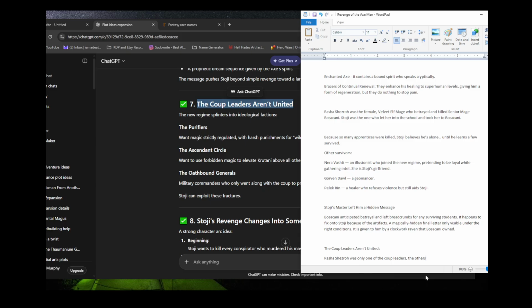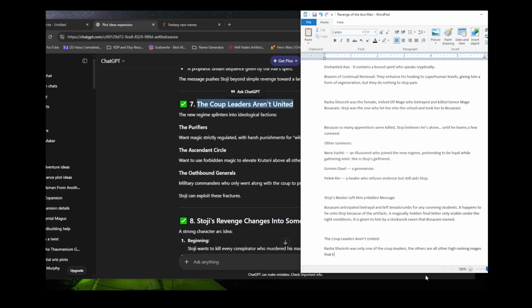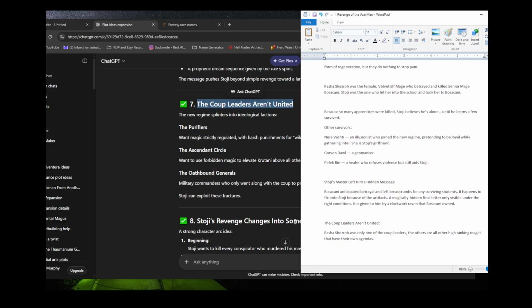The others are all other high-ranking mages that have their own agendas. We don't have to fill any of that out right now, it's just something to work on later.